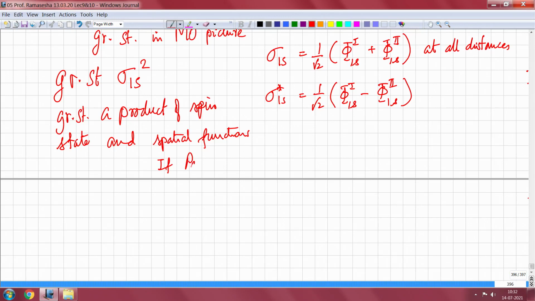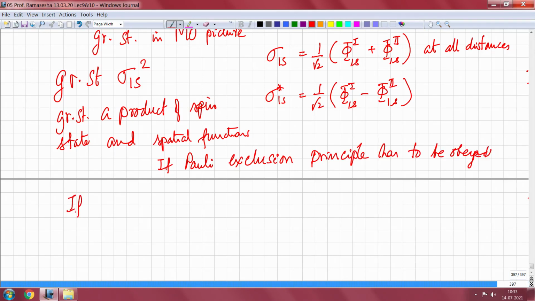If the Pauli exclusion principle has to be obeyed, so if the spatial part is symmetric, the spin part must be antisymmetric.